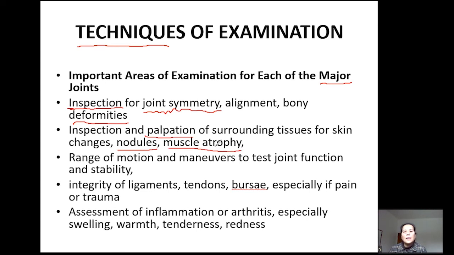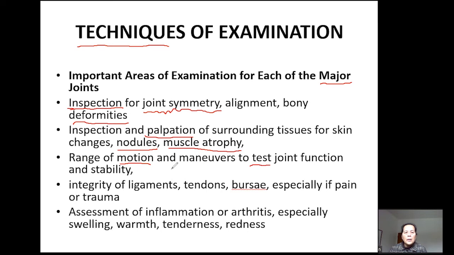Also we can find some skin changes. Then we look at the motion of the joints. We ask the patients to do some movements or motions with the joints. We also have some tests. We will talk about some special tests later.